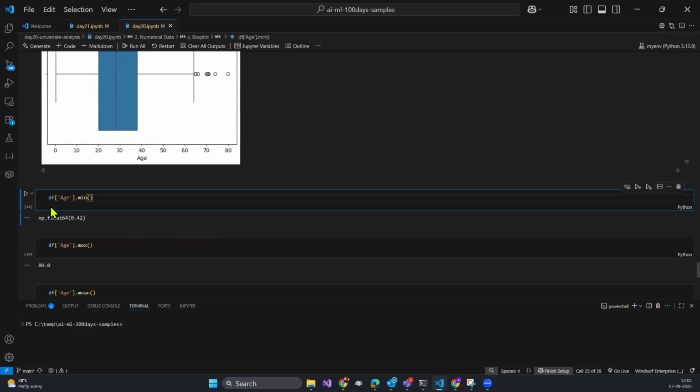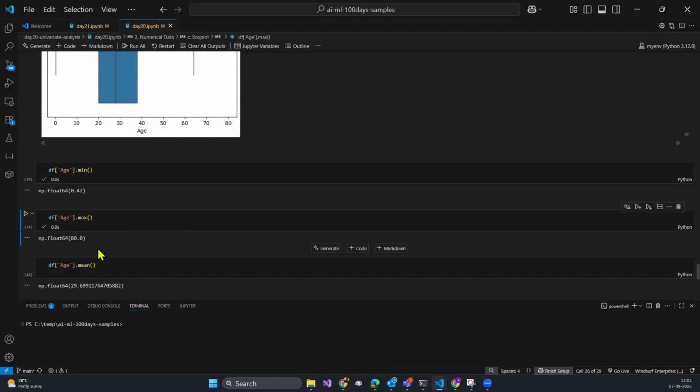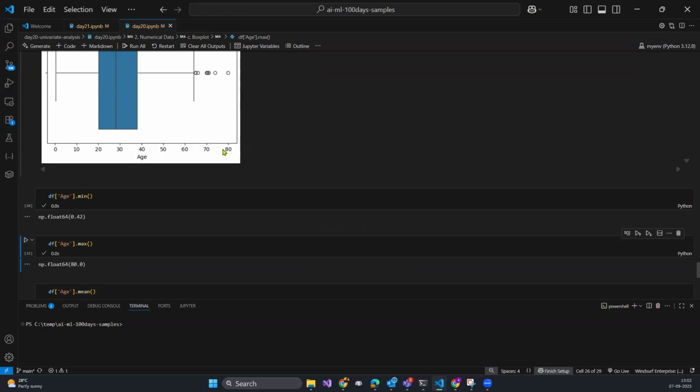Okay, and for example, this is the mean. If we would like to check, the mean and max are automatically calculated. Max is 80, so here you can see the maximum is 80.